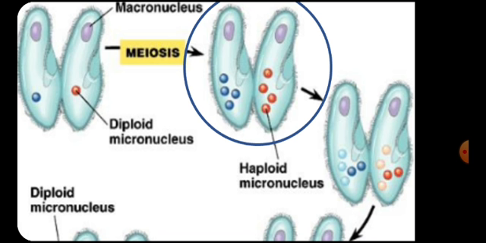This is the process in case of paramecium. There is a macronucleus at the top in both the cells of paramecium, and we can see the micronuclei shown in blue color and red color. These are the haploid micronuclei. Haploid means the stage is N.